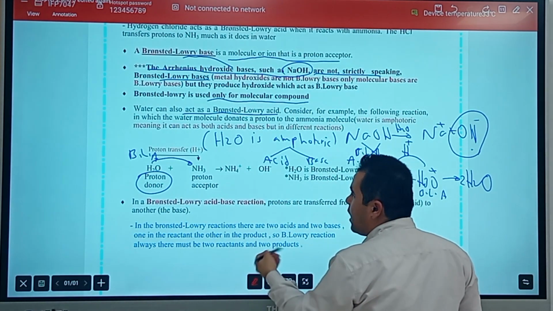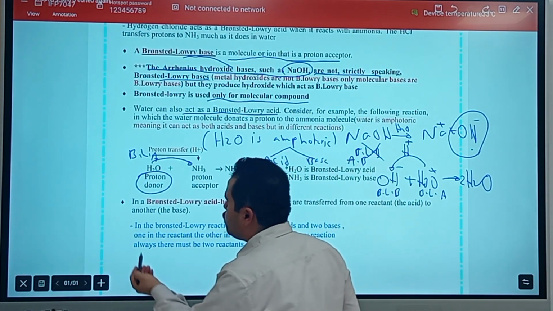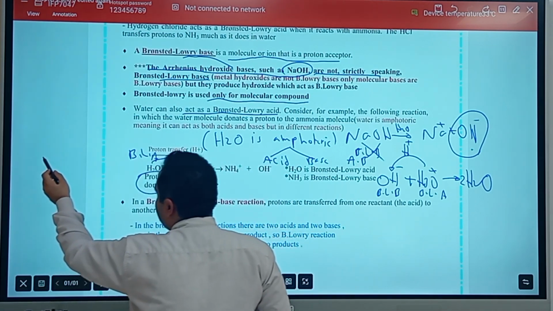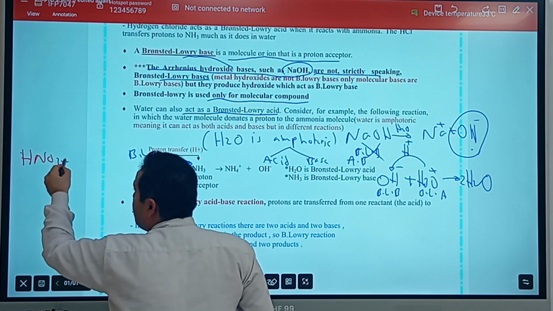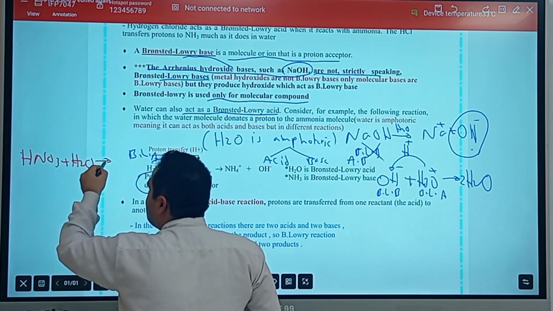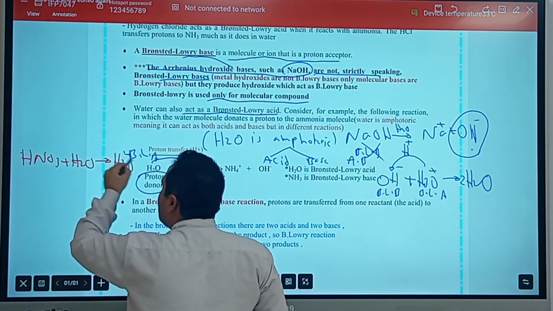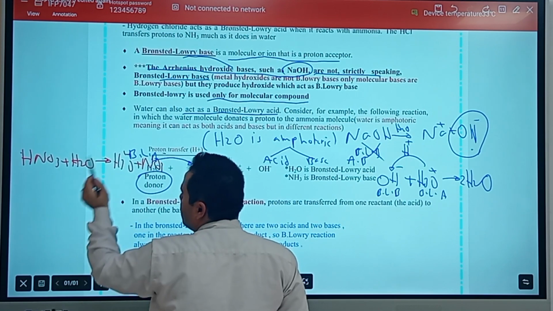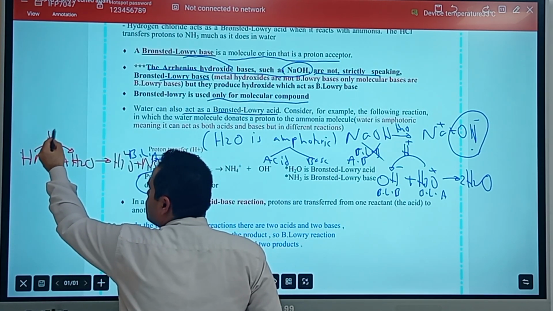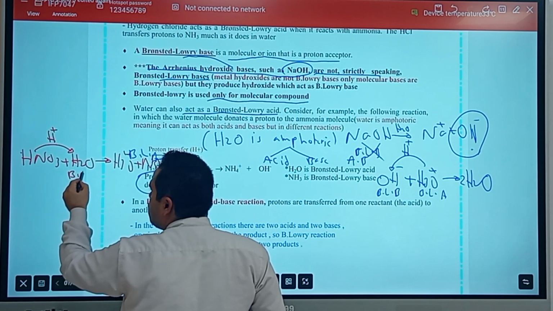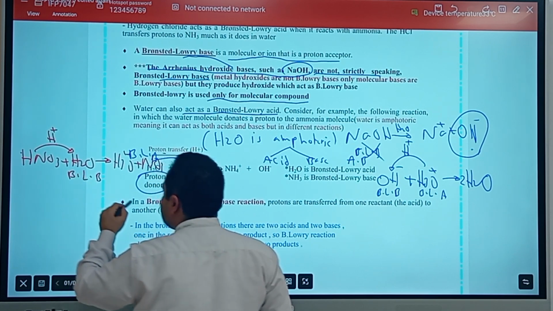Let me provide an example where water becomes a Bronsted-Lowry base. For example, HNO3 plus H2O will produce hydronium and nitrate ion. In this case, H2O is going to accept the proton, so it becomes a Bronsted-Lowry base.